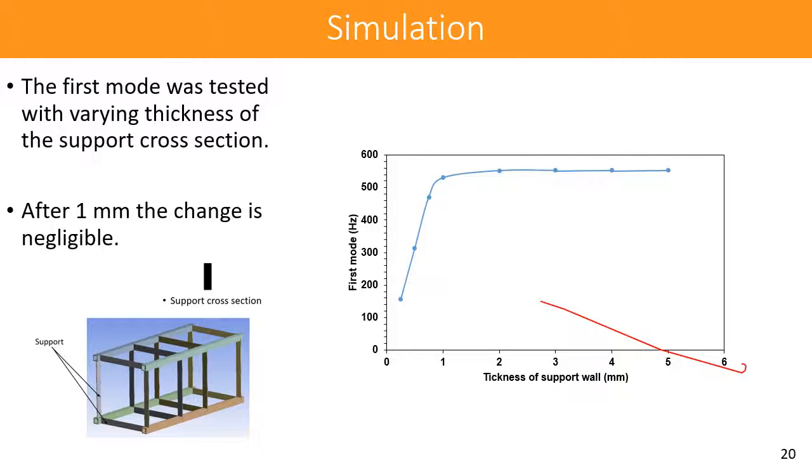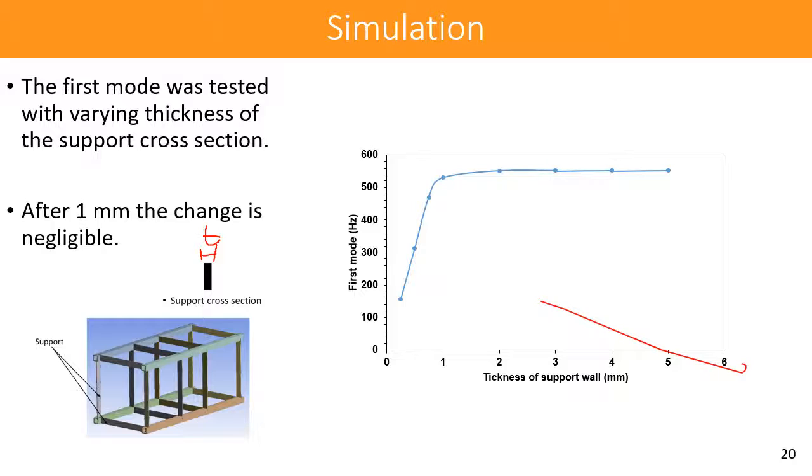I also optimized the cross section of the supports, and for this I varied the thickness of the cross section. I did not change the height because I wanted it to be the same as the rail. And again, I used the first mode for this, and you can see the thickness of the wall here and the first mode frequency.